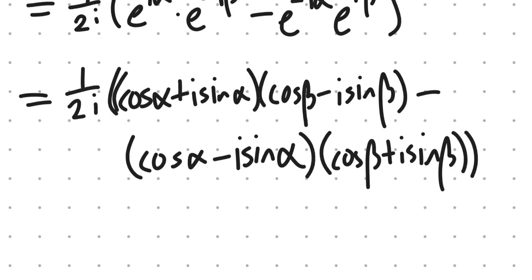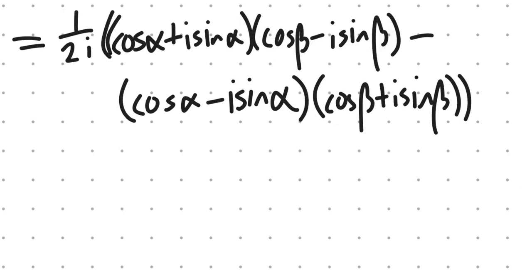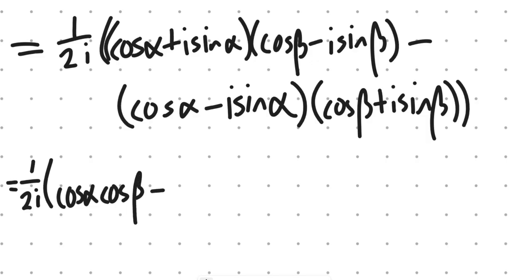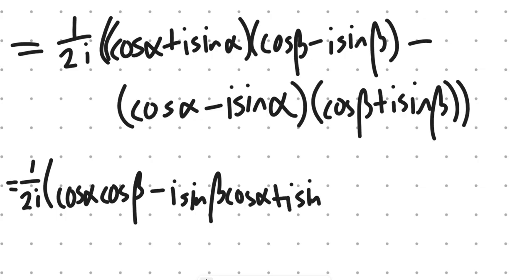Now we're just going to multiply everything out. It's going to be a long expression. So I'm going to write the 2i as follows, and then cosine alpha cosine beta, minus I sine beta cosine alpha, plus I sine alpha cosine beta.